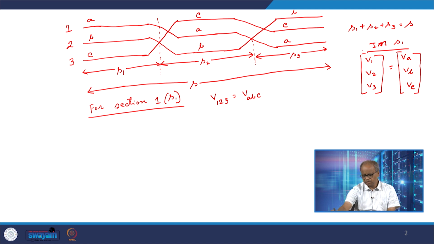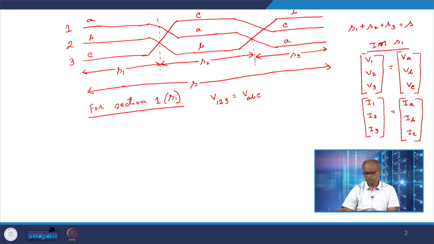And then similarly in S1 I can write that I1, I2, I3 is equal to IA, IB, IC.